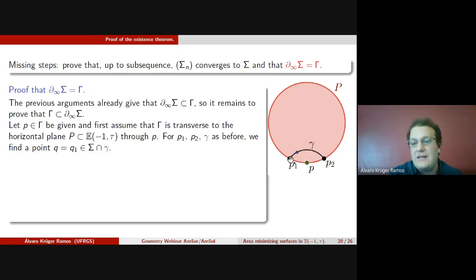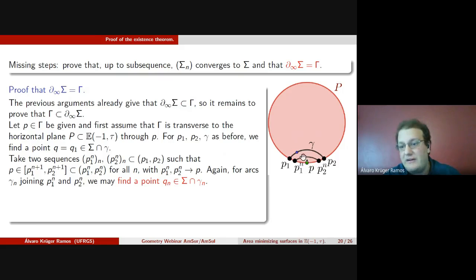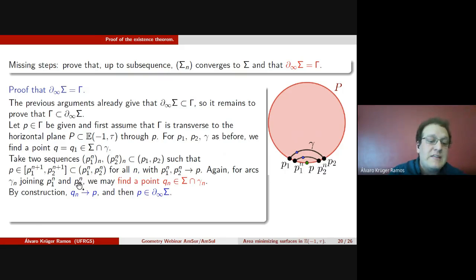But now you can make these 2 points smaller, and you can repeat the argument for a sequence of points. And you find for each arc here another point. And all these points are going to be in sigma. So if all these points are in sigma, and by construction these points are converging to P, then P is in the asymptotic boundary of sigma.